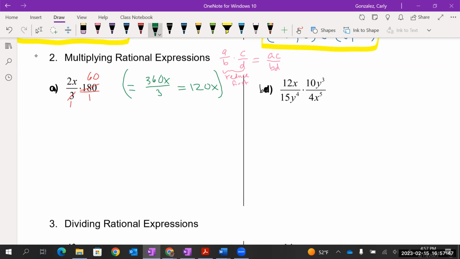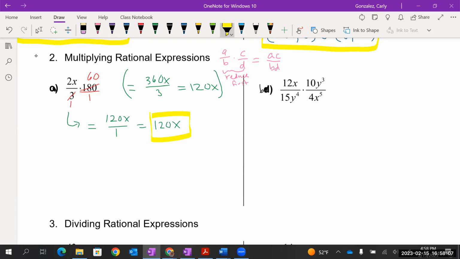And now I'm ready to multiply straight across. So we can now multiply 2x times 60 is 120x, and 1 times 1 gives us a denominator of 1, or 120x.